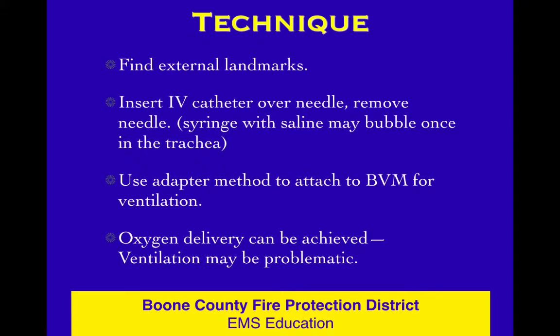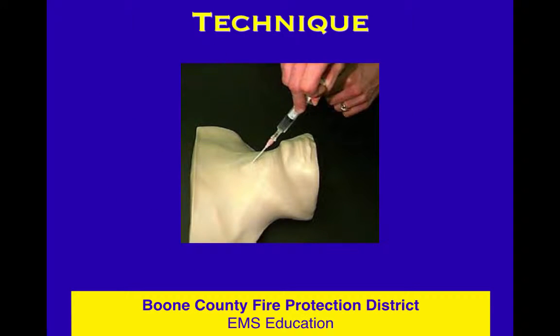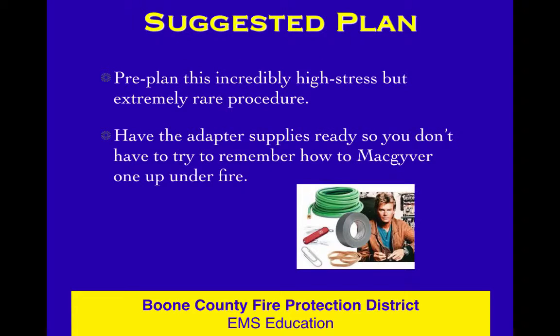And so if they can't ventilate up through their mouth, you may have some hyperinflation issues, and you have to kind of let your patient deflate after a while. But we'll talk about that some more in the lab setting. Here's a quick picture of someone using a needle with a catheter over the top of it and a syringe with some saline to get the bubbles.